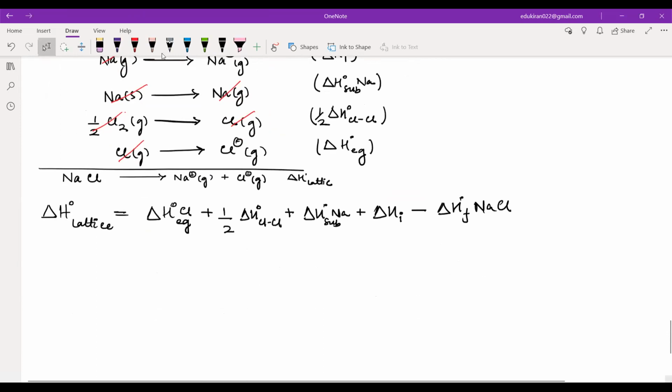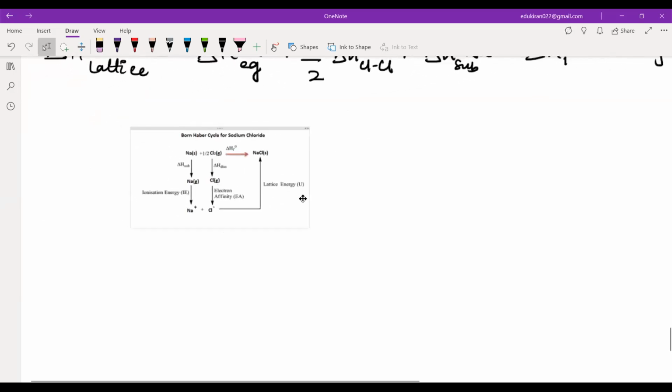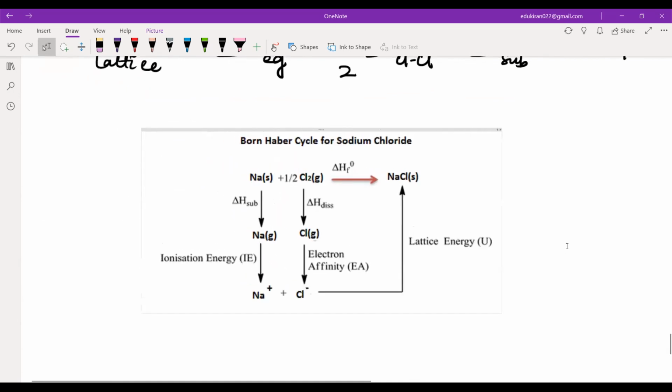So let me just pull up an image from the internet that is a better representation than whatever I am going to draw. Okay, so these are the same thing.